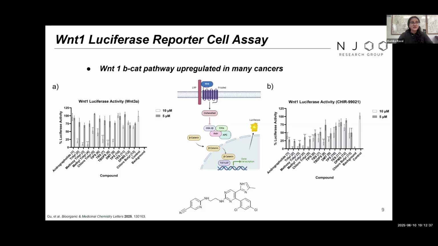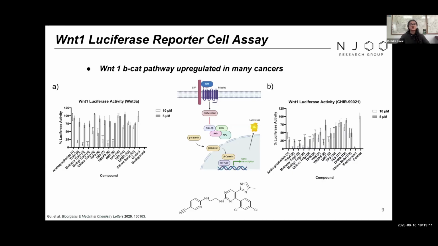It was also previously recognized, and I had previously mentioned, that some C19 analogs show GSK3-beta dependent modulation of this Wnt1 pathway. And in order to assess whether the activity of our compounds in this Wnt1 pathway might be altered by direct inhibition of GSK3-beta, we co-dosed our compounds in the same reporter cell line with 10 micromolar of CHIR99021, which is essentially a selective GSK3-beta kinase inhibitor.